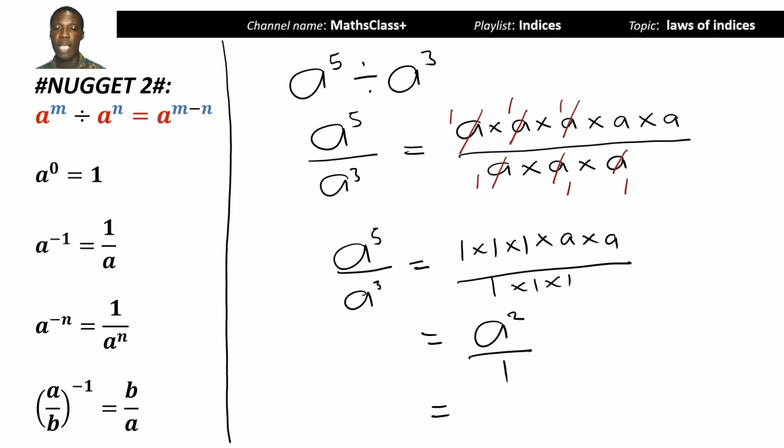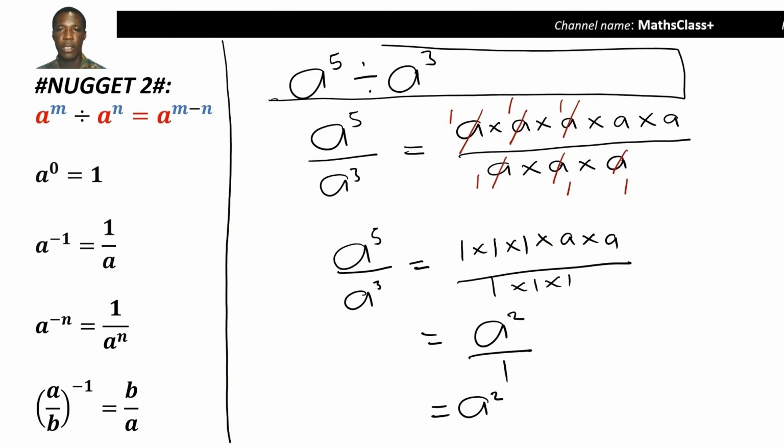And that remains as a to the power 2. Okay, so now we go back to the given expression, and the result we had is a to the power 2.